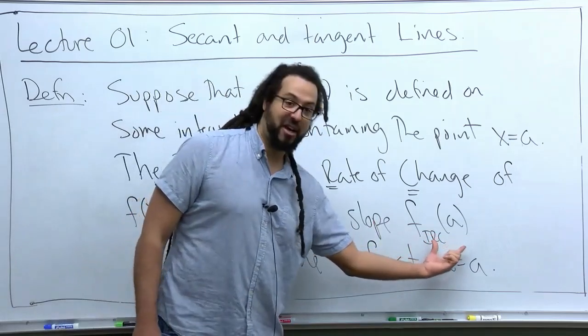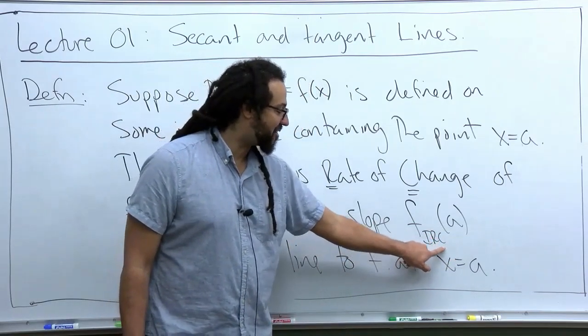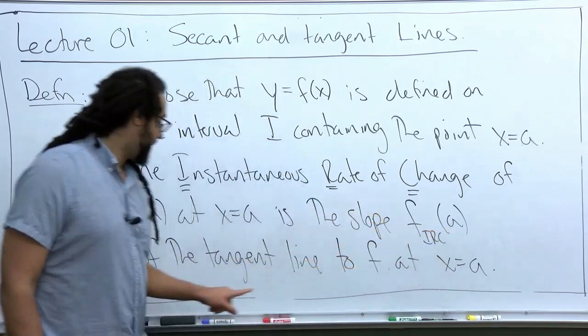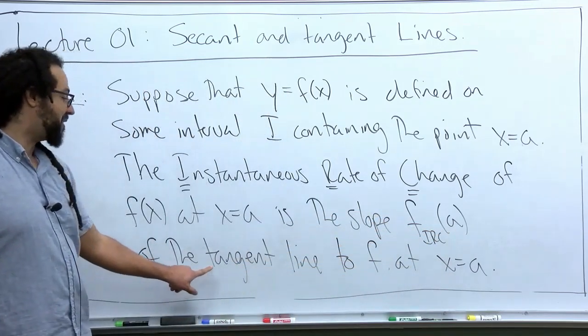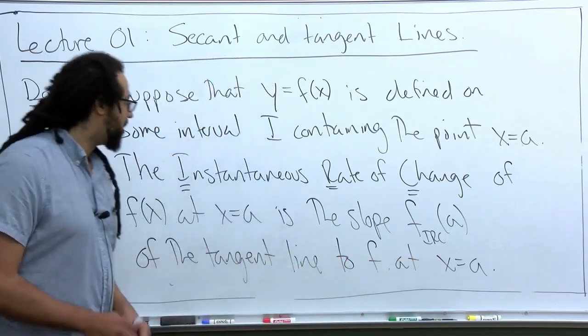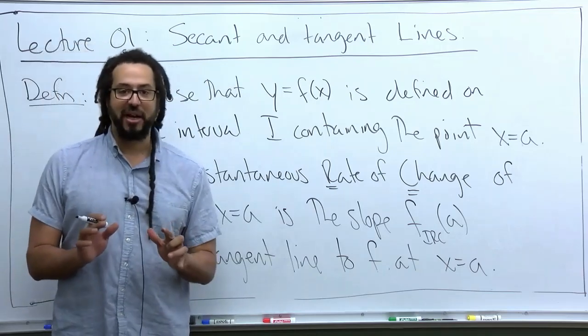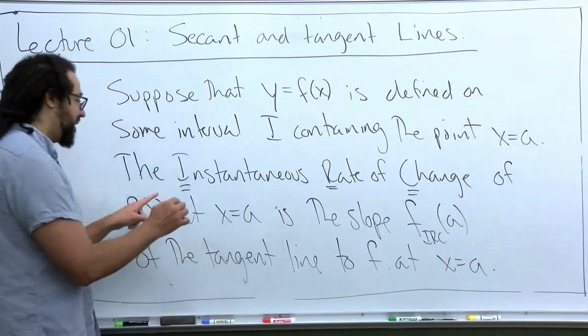I'll use this notation to denote the instantaneous rate of change. So f IRC of a is just the slope of the tangent line to the curve f at the point x equals a.